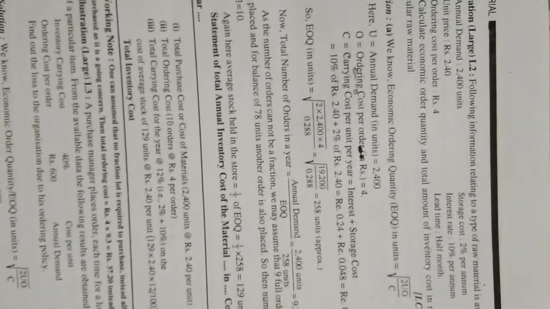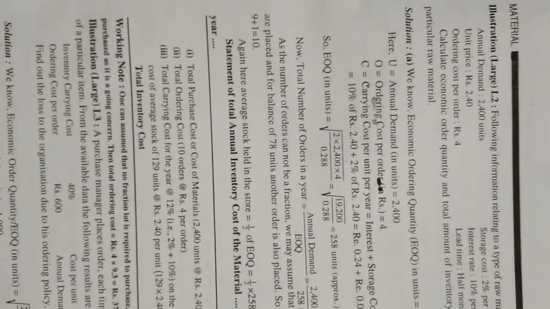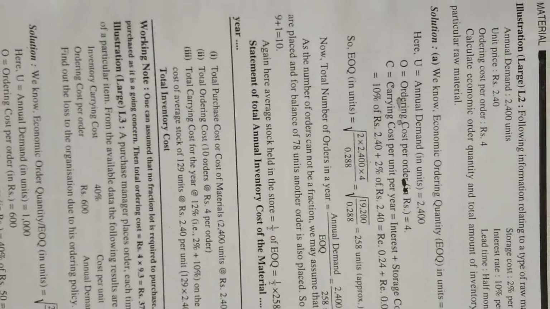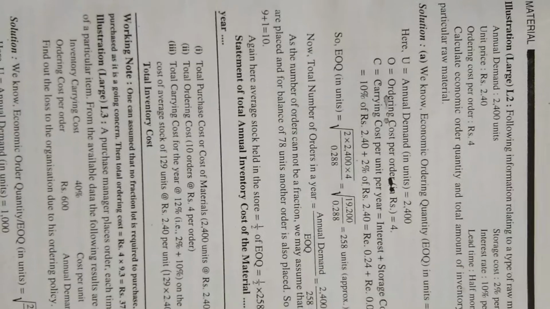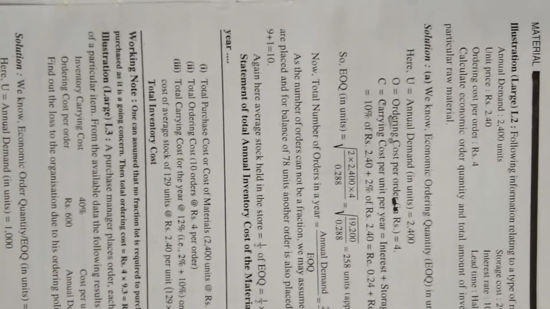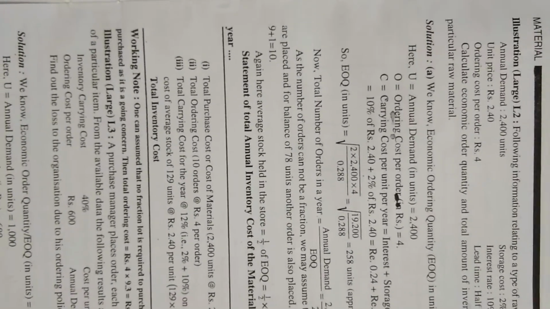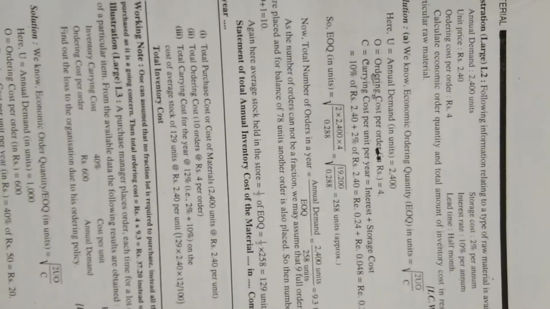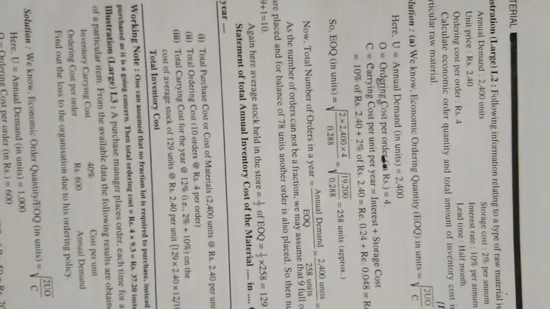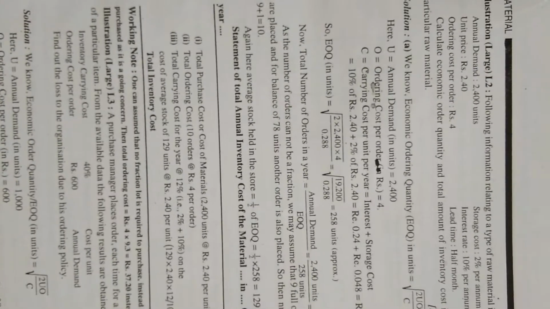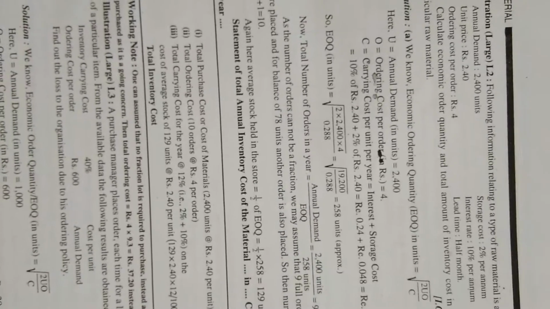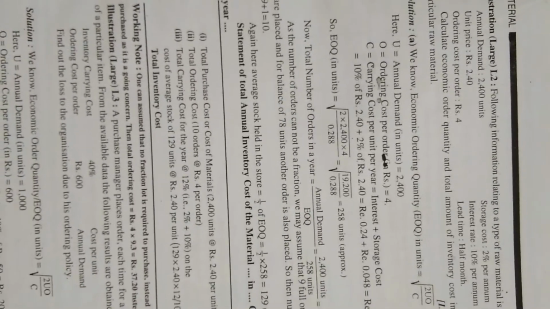Here it is given that annual demand is 2400 units, and ordering cost is given as rupees 4. It is very important to note that students get confused when they are asked what is ordering cost and what is carrying cost.